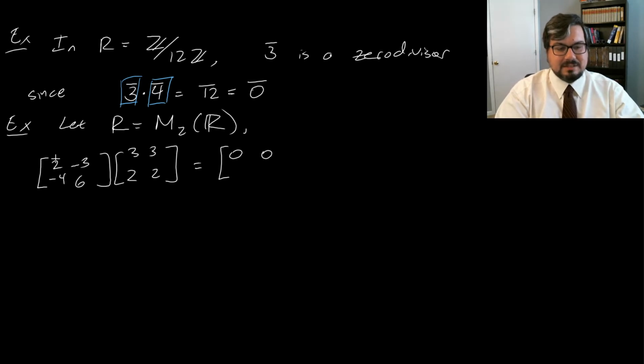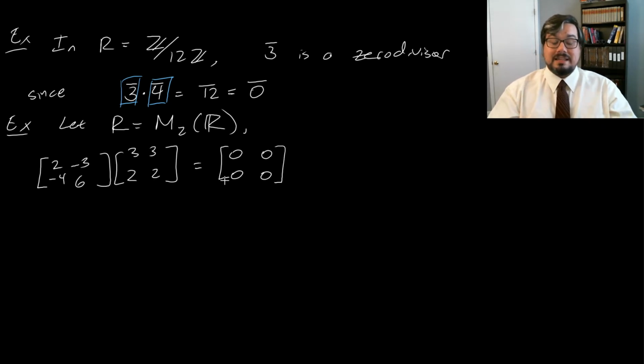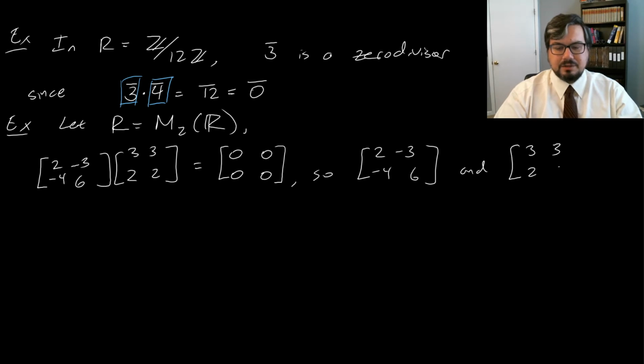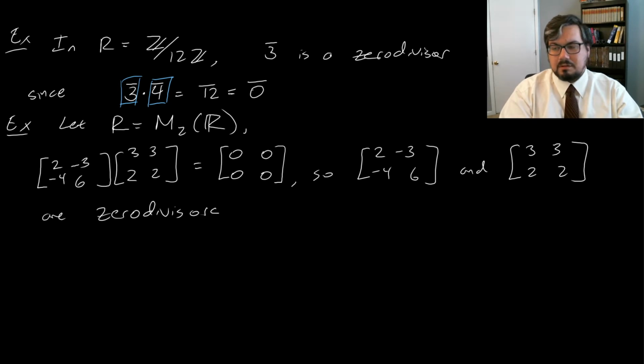And when we multiply these two matrices, that gives us 0, 0, 0, 0, which is in fact the 0 element, the additive identity of this ring R. So that means that the elements 2, -3, -4, 6, and 3, 3, 2, 2 are zero divisors in R.